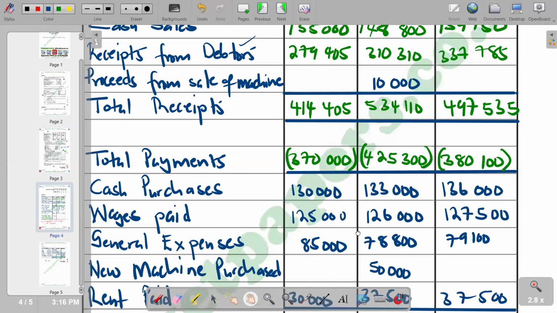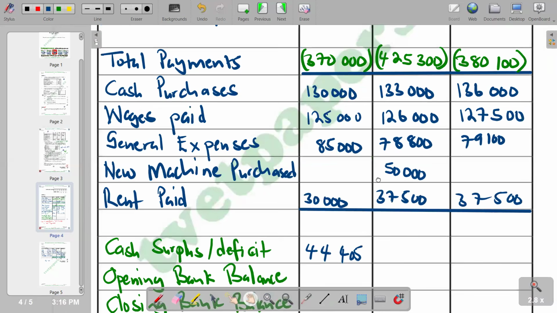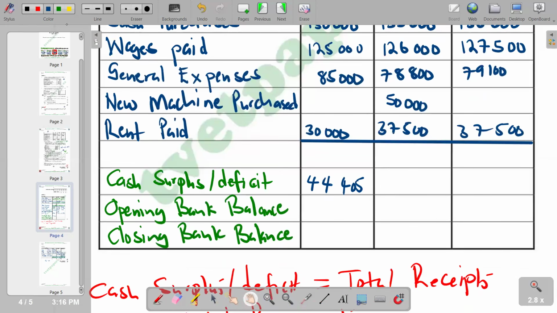In August, we're going to say 148,800 minus 425,300. And then we get a net figure of positive 108,810. So if you get a negative figure, you leave it in brackets.